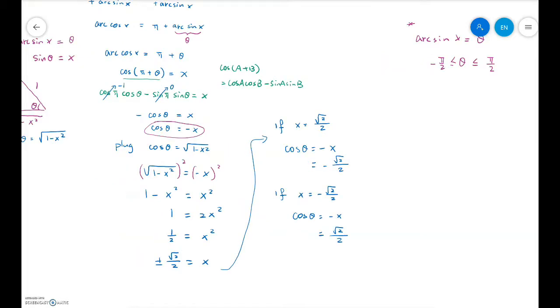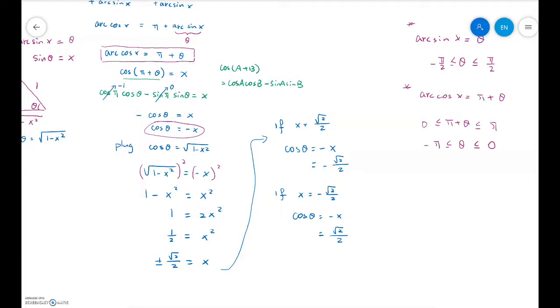The other is arc cosine of x equals pi plus theta. That tells me the angle pi plus theta is between 0 and pi, quadrant 1 and quadrant 2. Then I can solve for theta by subtracting pi on both sides, so theta is between negative pi and 0.